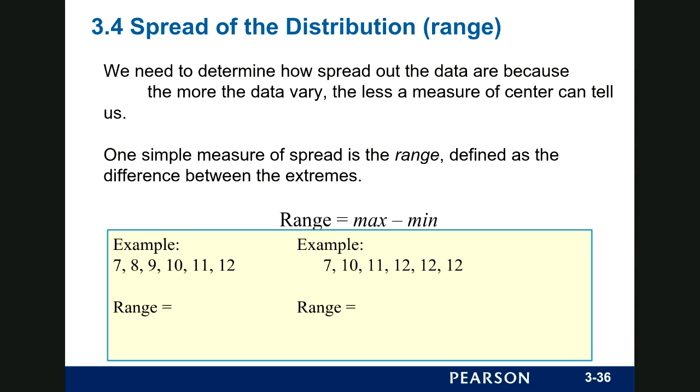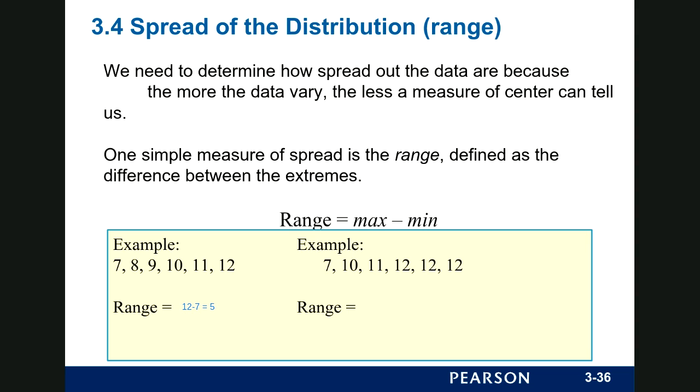You can use your audio or the chat box. Yeah, that's right. So that's 12 minus 7 is equal to 5. Yep. So pretty simple, easy to calculate, easy to understand.